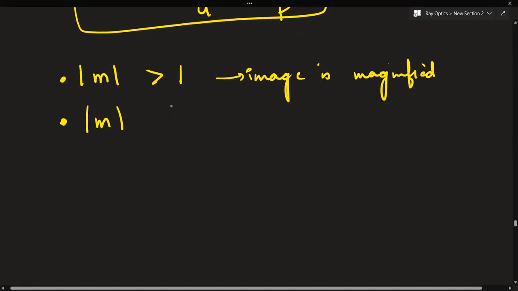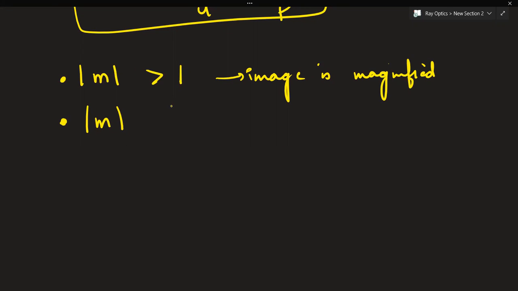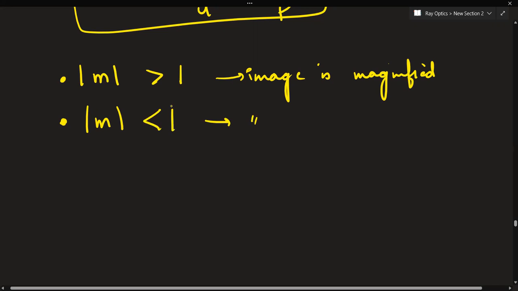If the opposite happens, remember, we are considering the magnitude. Otherwise, you will say minus 5 is less than 1. So do not consider that. If minus 5 is written, consider the magnitude, because here minus and plus depict the sign conventions. They do not depict the size. If this is less than 1, then the image is diminished, very small. So by magnification, you can predict the nature of the image.